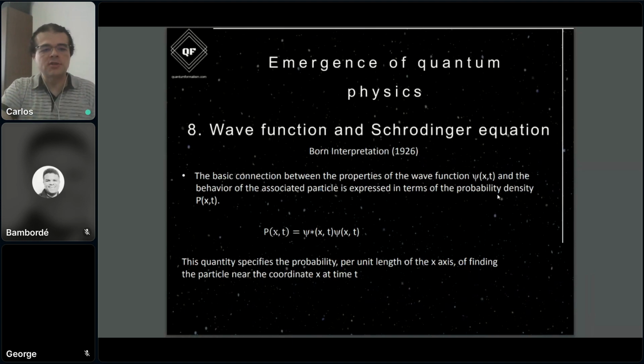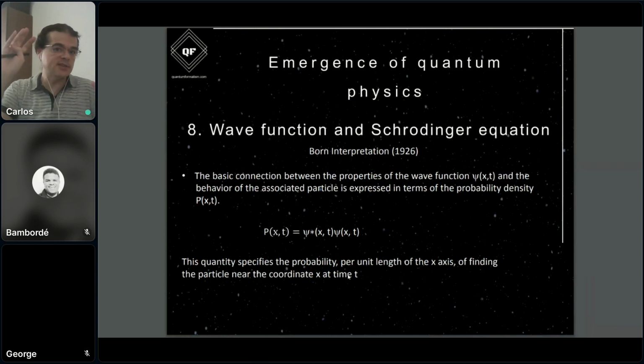So these quantities specify the probability per unit length of the x-axis of finding the particle near the coordinate x at time t. Okay, so we will discuss this in more detail when we talk about the postulates and the math tools.